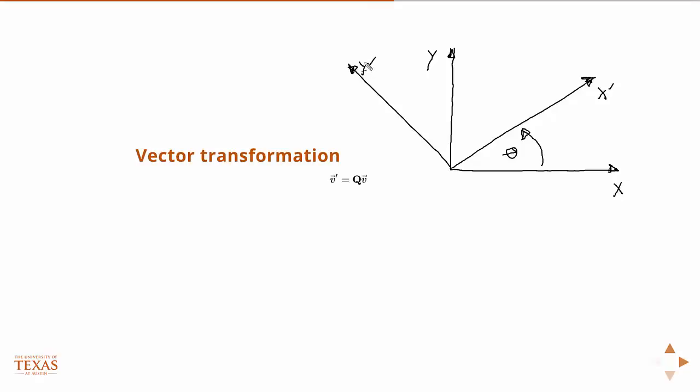Okay. Let's write down x prime and y prime in terms of x and y. So let's write the new coordinate system in terms of the old one. Okay. So this is just geometry, right? So we're going to say x prime equals what?